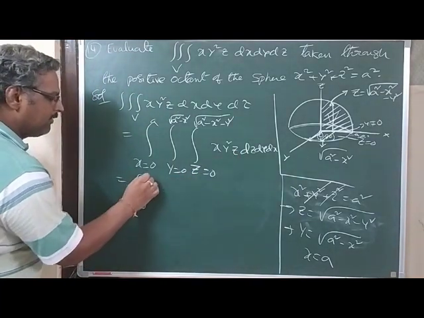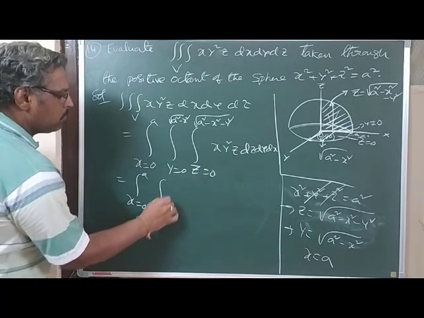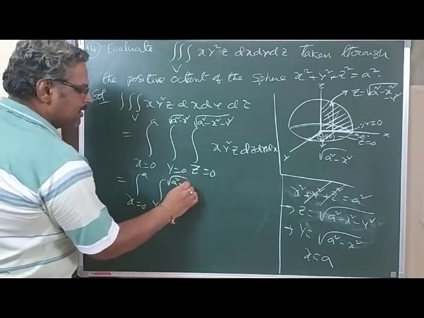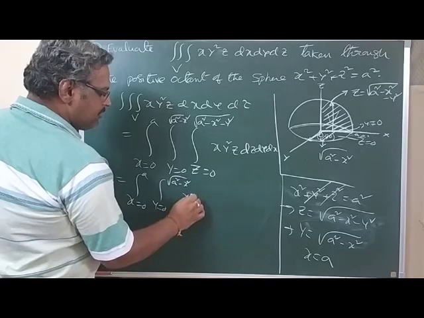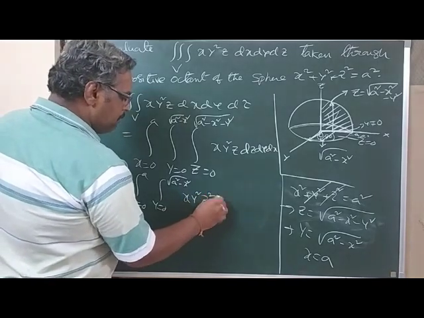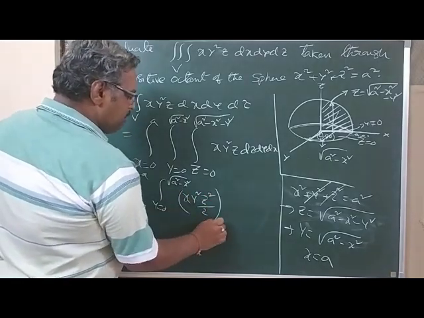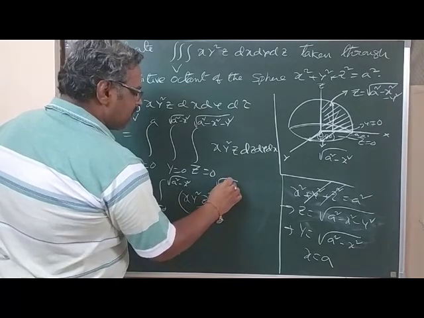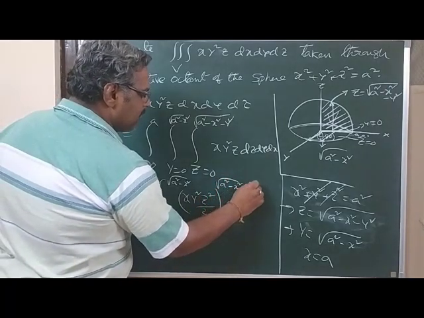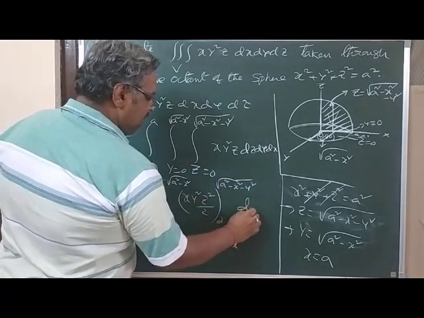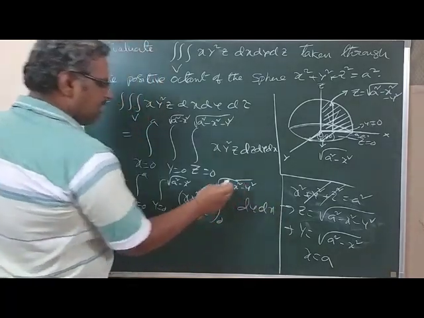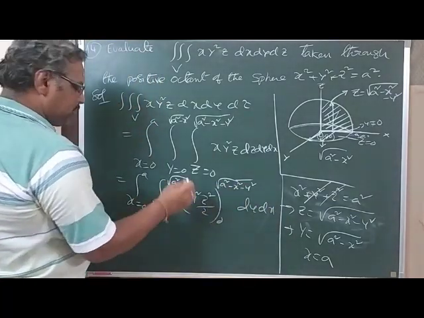x is 0 to a, y is 0 to root over a square minus x square, x into y square into z square by 2, z limit 0 to root over a square minus x square minus y square, dy dx. Now put z equals to square root of this one, then z equals to 0.